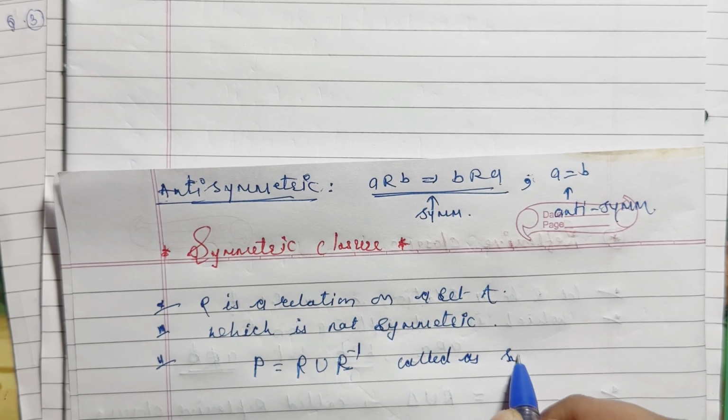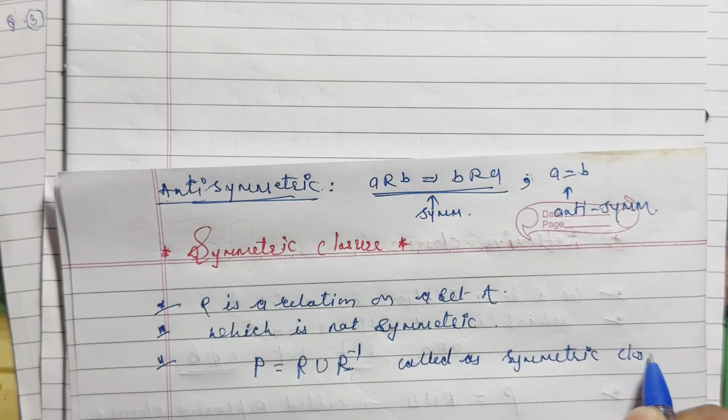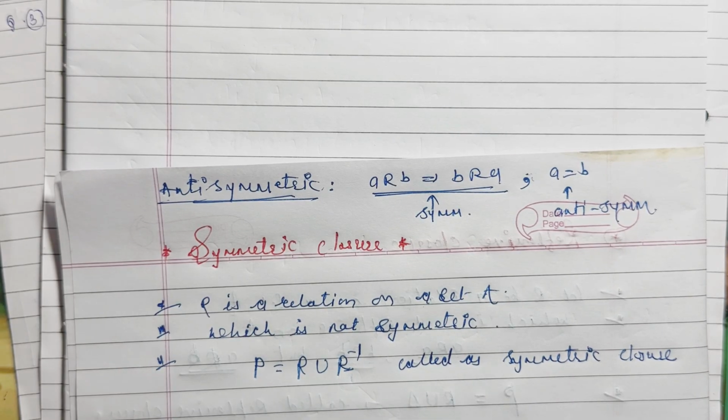This one is called the symmetric closure, only if R union R inverse is a symmetric relation containing R.